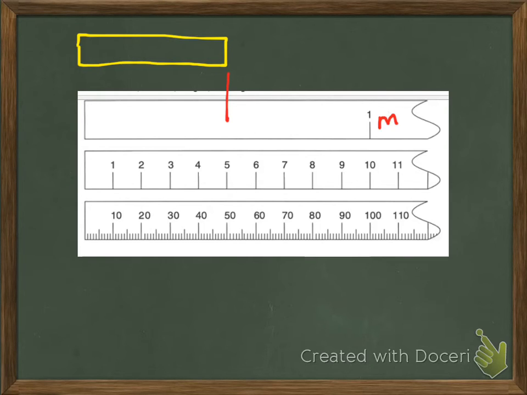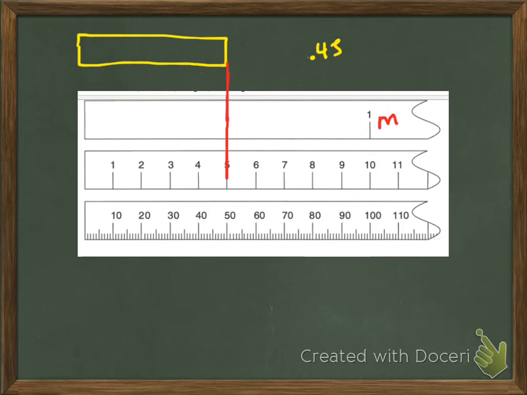My eyeballs aren't good enough to estimate that this is 0.45 meters. My eyeballs are good enough to say, yeah, it's about 0.5 meters. You can always go one digit more than the last thing marked on the instrument.